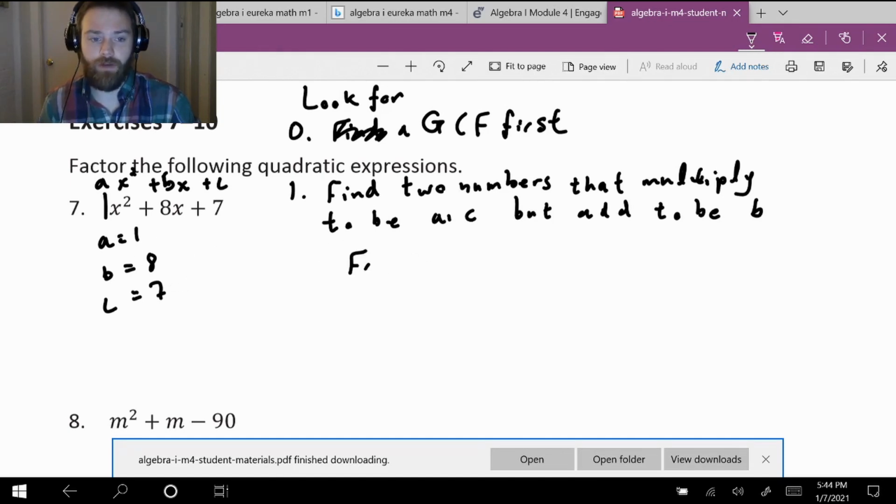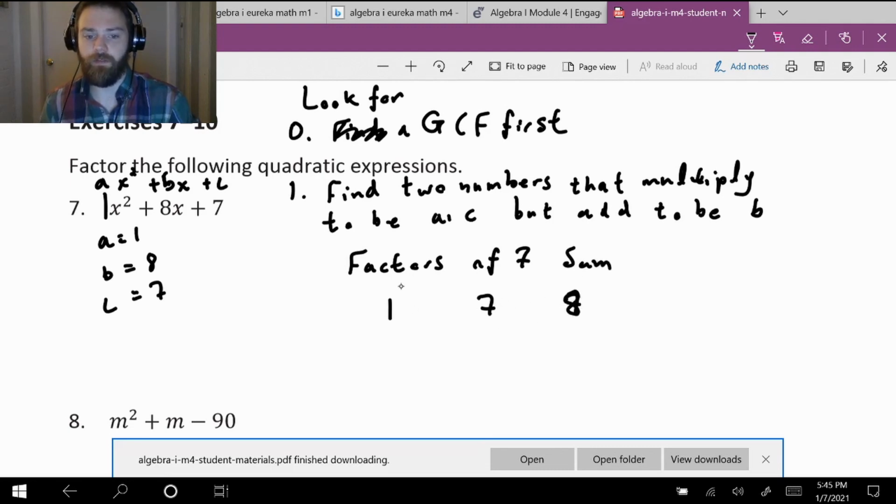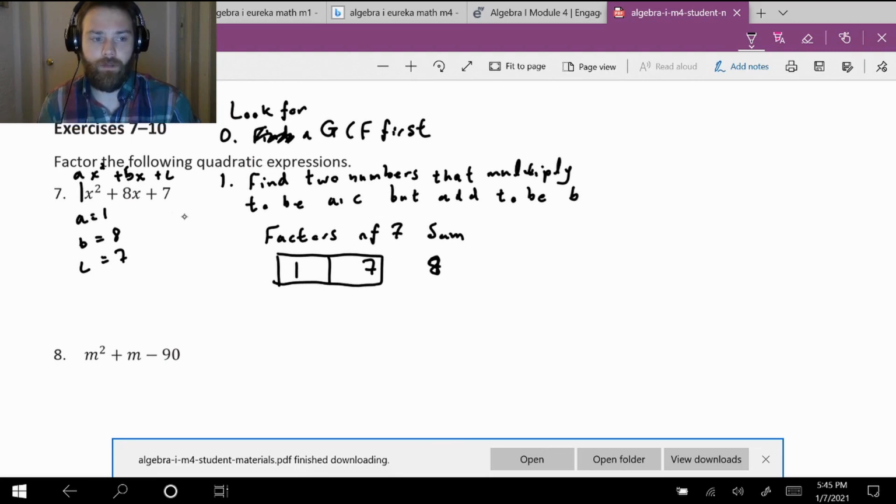So we're trying to find factors of 7, which is easy because 7 is prime. We talked about that. So 1 and 7 multiply to be 7, but add to be 8. So whenever you're looking at these factors, you're looking at their sum as well. So the sum is not 7, but 8. So those are my pairs. So what I'm going to do with those is split up the x term.